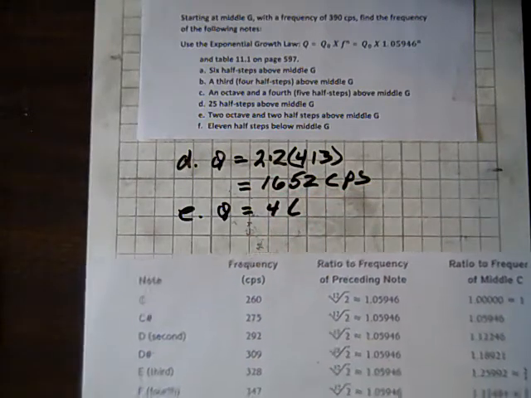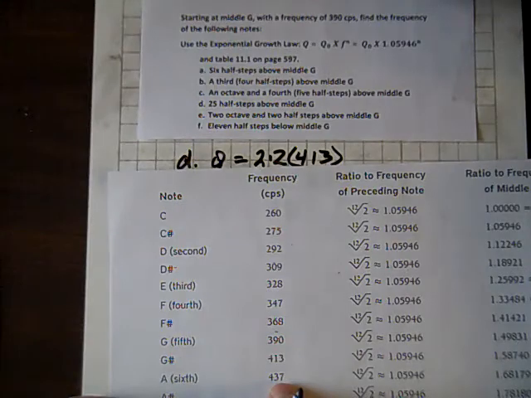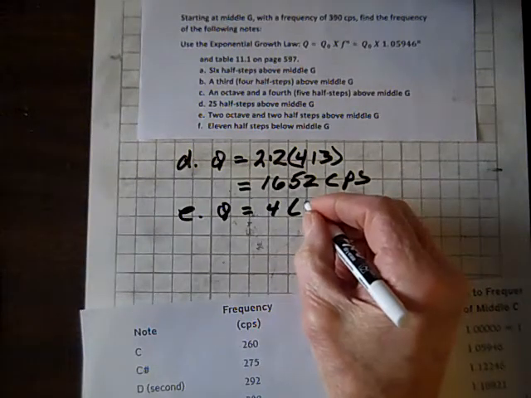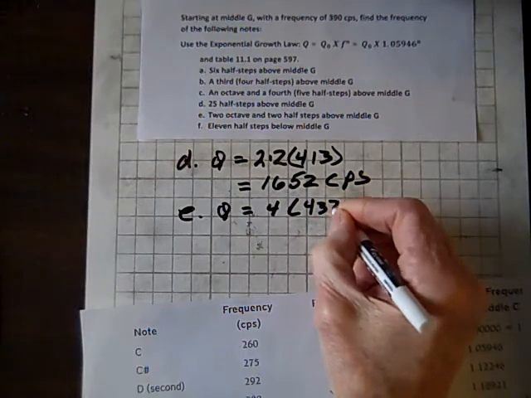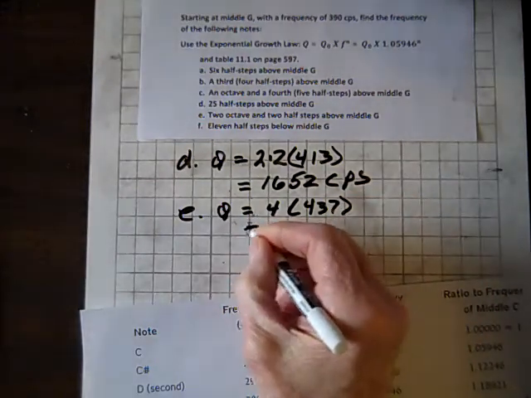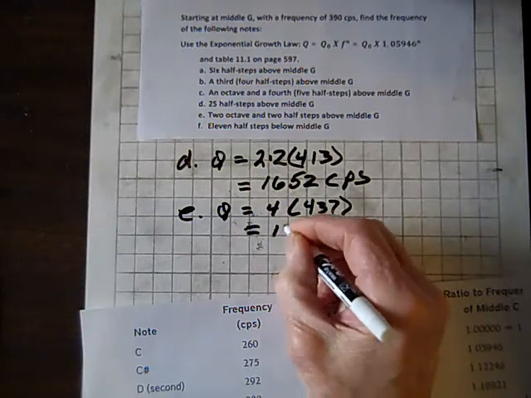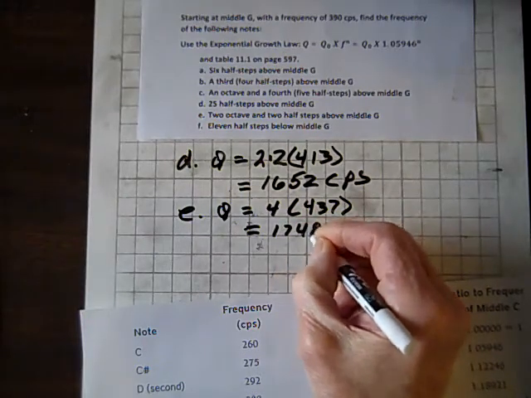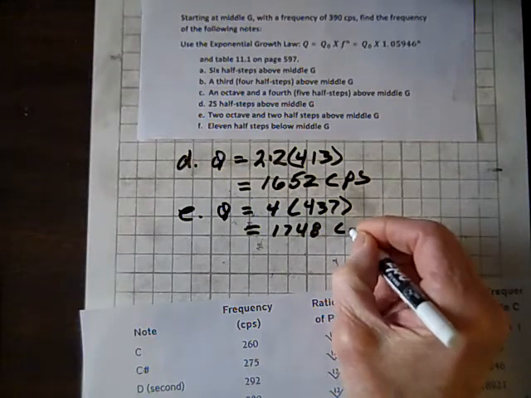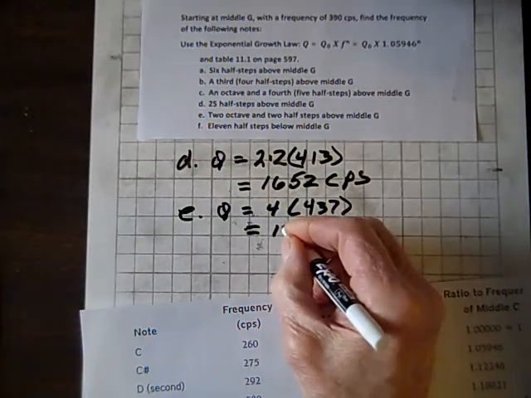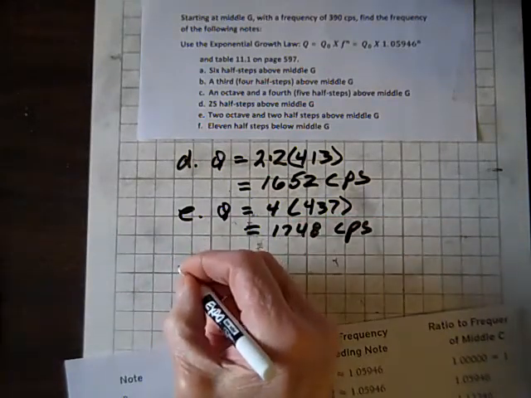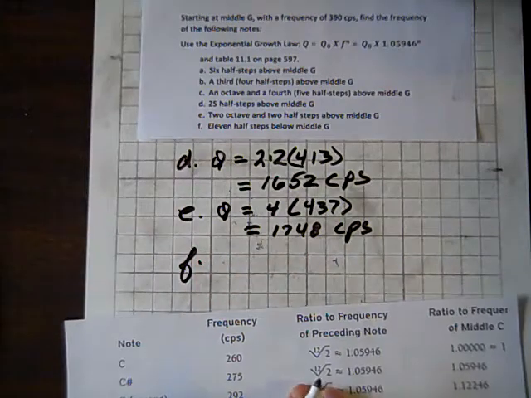And 4 times, and notice the cycles per second for A is 437. And when we find that product, we get 1,748 cycles per second.